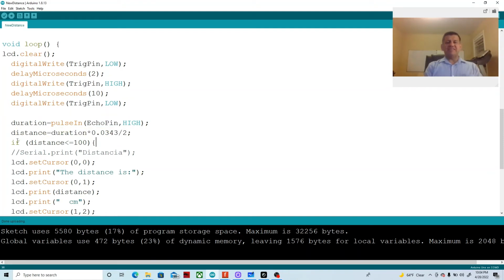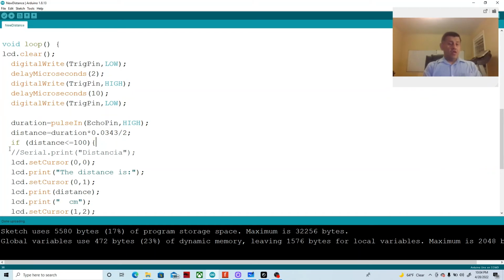So now we actually do the distance. Put an if statement: if the distance is greater than 100 meters, oh my god, no, it's 100 centimeters. Remember I told you this only goes up to 4 meters, but I don't have that much room here.